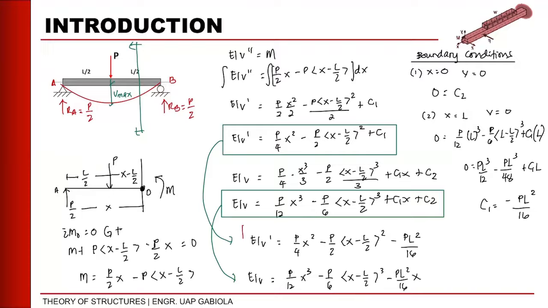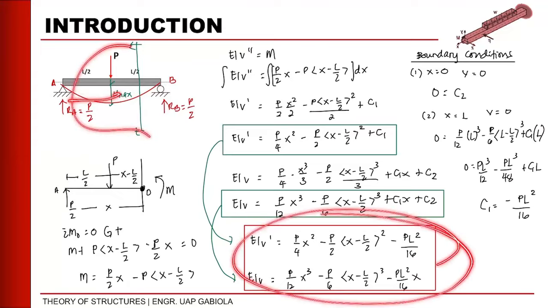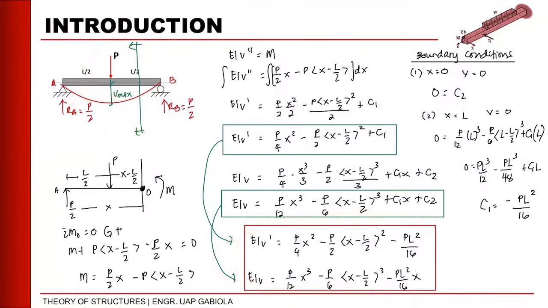So itong dalawang to, this will be our representative equation for the slope and deflection at any point dun sa mismong beam natin. So ibig sabihin, kahit anong point yung kunin nyo dito, basta substitute nyo dito sa equation na to, makukuha mo yung slope and deflection natin. Okay? So kapag halimbawa, pinapahanap sa atin yung maximum deflection na lang. Okay? So what will be our maximum deflection? So copy lang natin to equation natin for deflection.